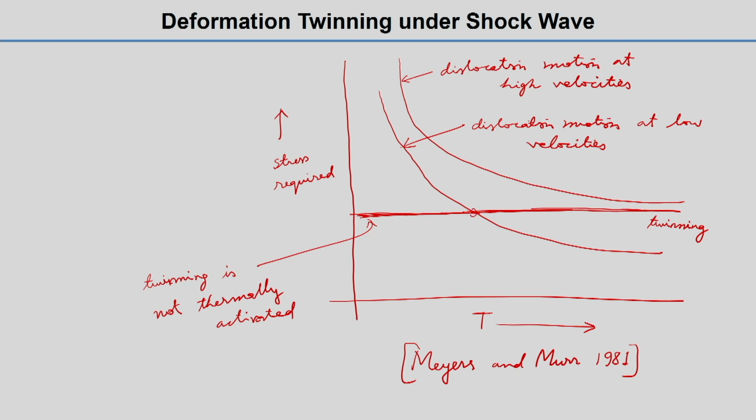If you see, there is an intersection of the dislocation motion at low velocities and the twinning curve. So this particular temperature we can call T. So below T, the material will yield by twinning.